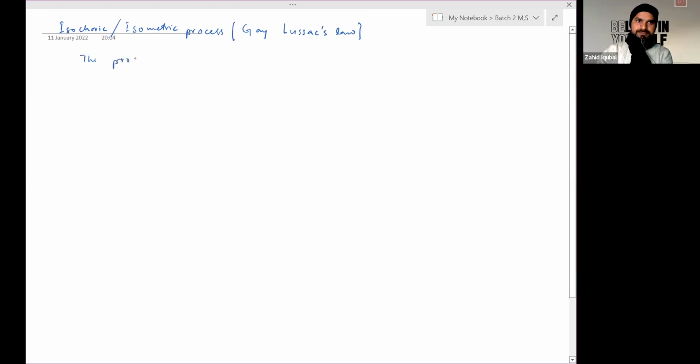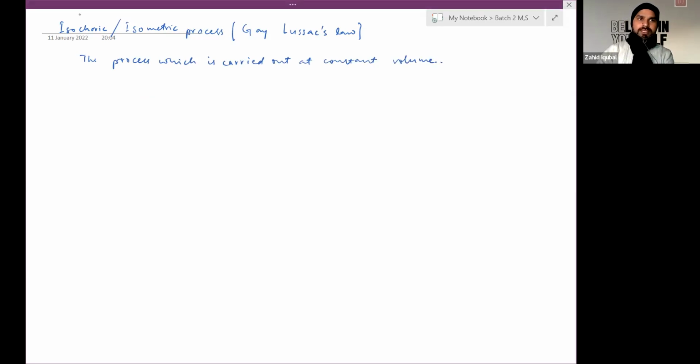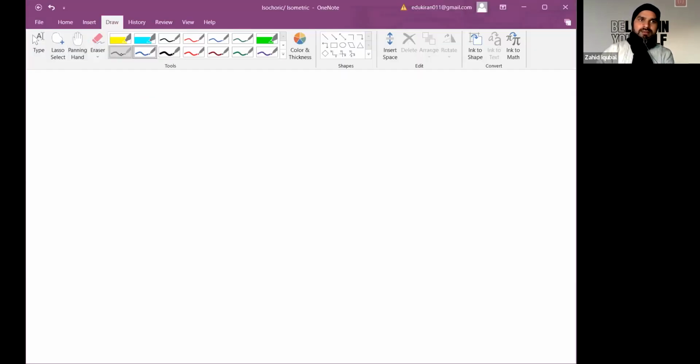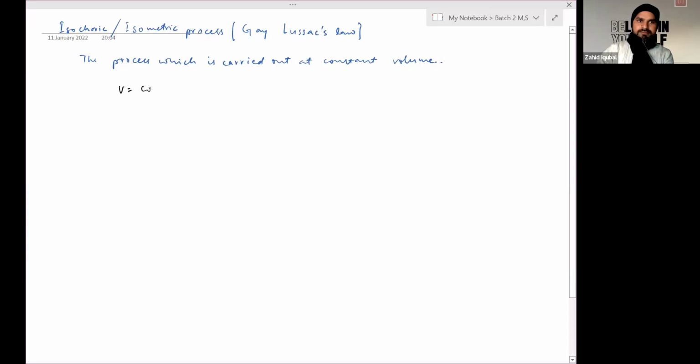The process which is carried out at constant volume is called isochoric. So volume is constant.